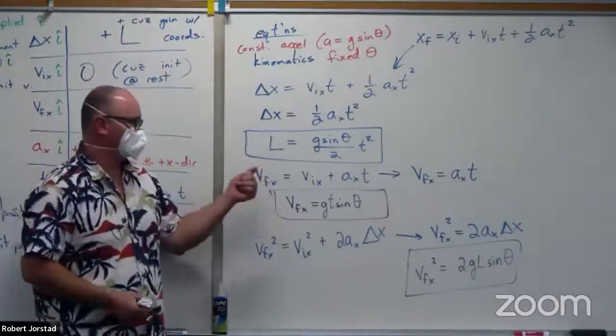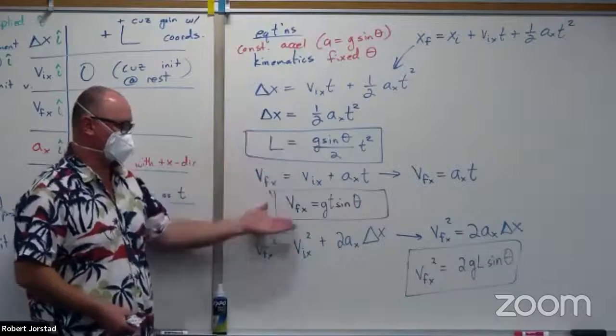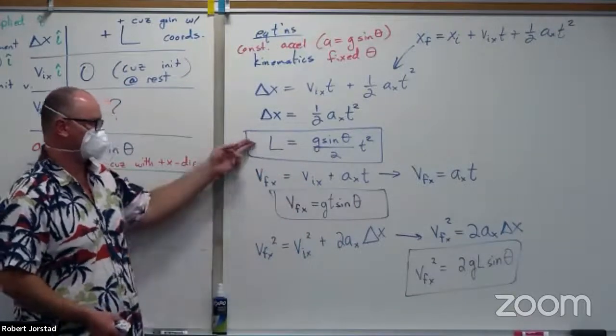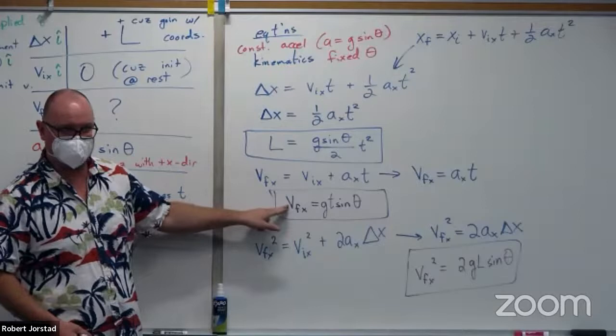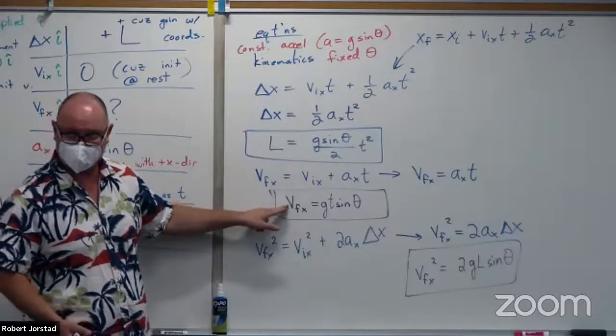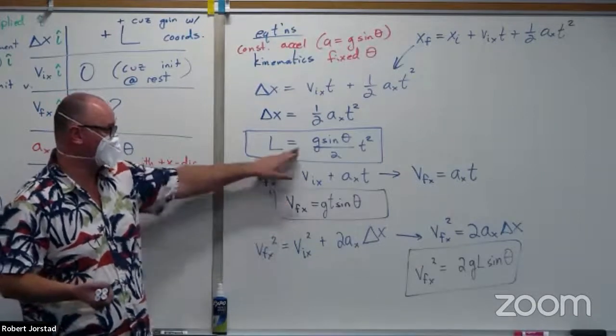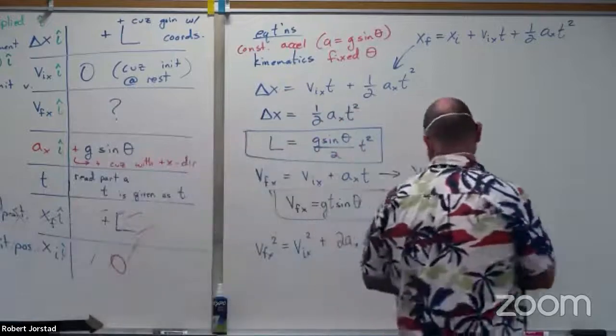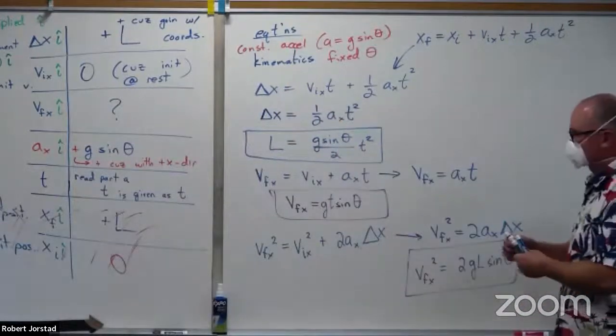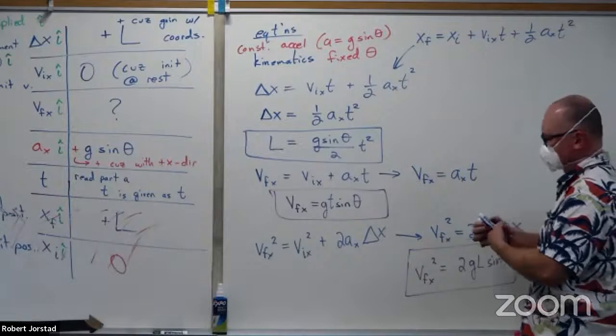All right. Which of these equations is going to get the job done most easily? The first one, right? This one, I don't know what v_fx is. I could probably figure it out later, but I don't have it right now. So let's do this. We're trying to solve for the angle, right? So get it, go. I'll race you.